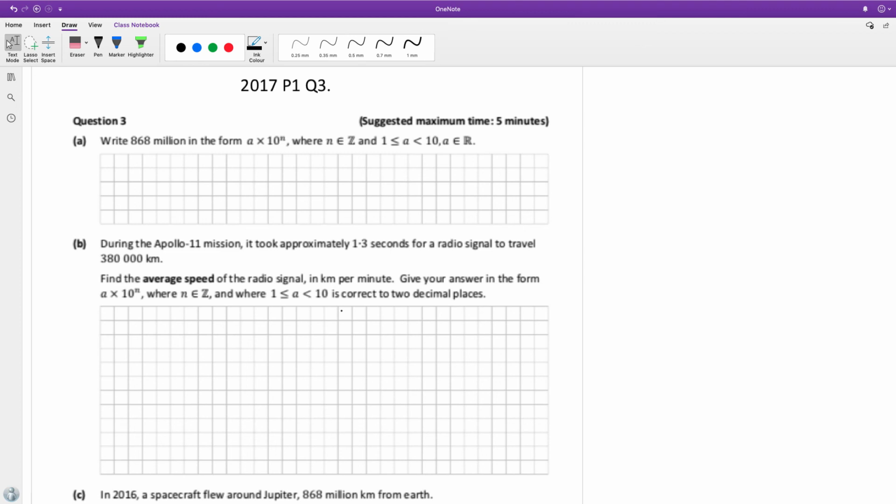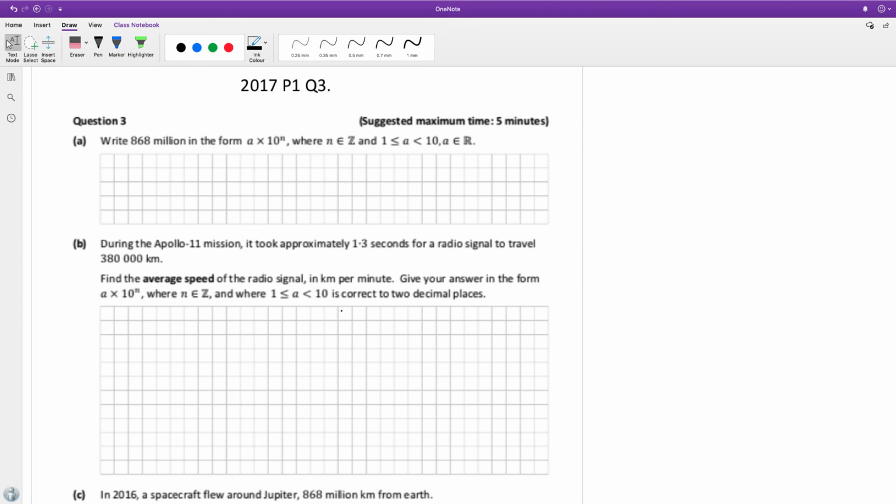So we did this all the way back in September when we were doing algebra. Let's look at it.